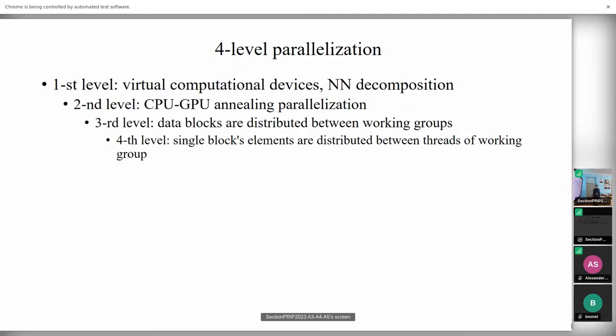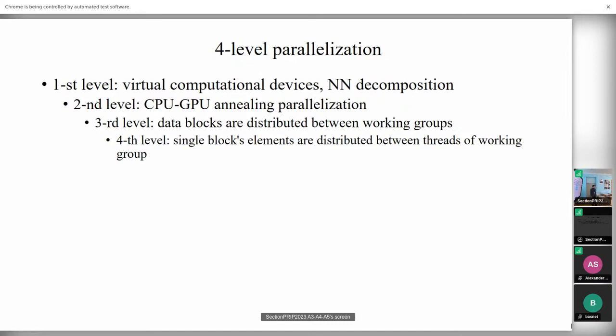The third and the fourth level of prioritization were caused by the block matrix multiplication algorithm, which is well known. These levels are extremely important on GPUs rather than CPUs. The third level is data blocks are distributed between working groups, which is quite common. And the fourth level is single block elements of the matrix are distributed between threads of a working group.